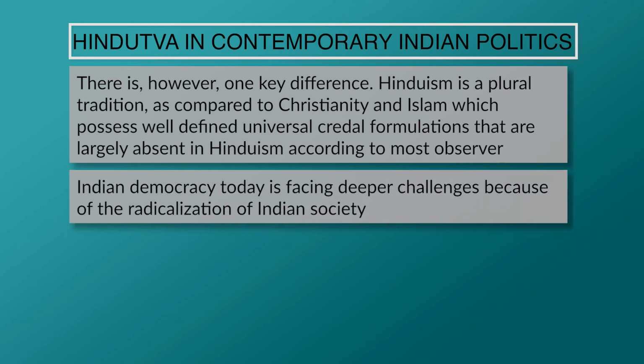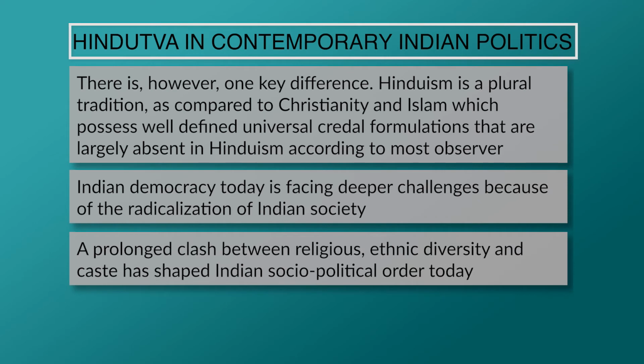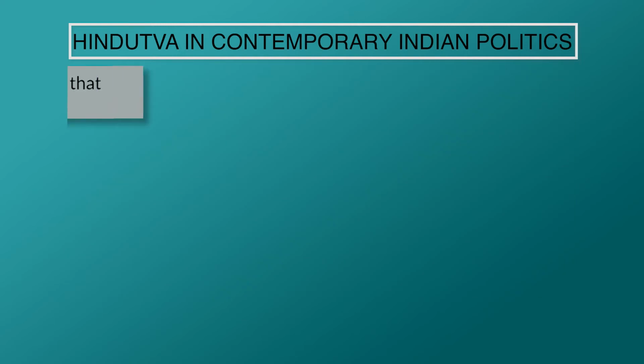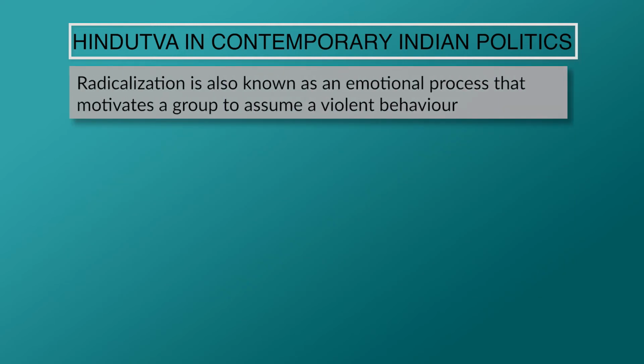Indian democracy today is facing deeper challenges because of the radicalization of Indian society. A prolonged clash between religion, ethnic diversity, and caste has shaped India's socio-political order. Radicalization is also known as an emotional process that motivates a group to assume violent behavior.